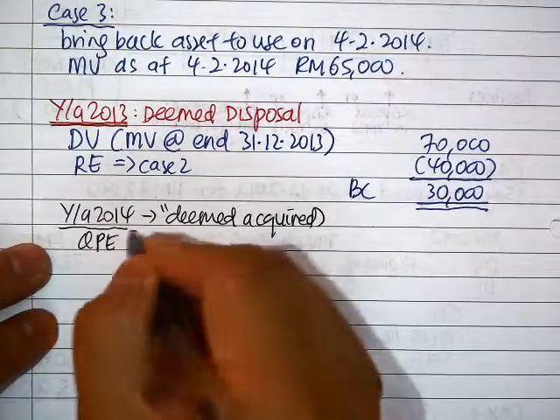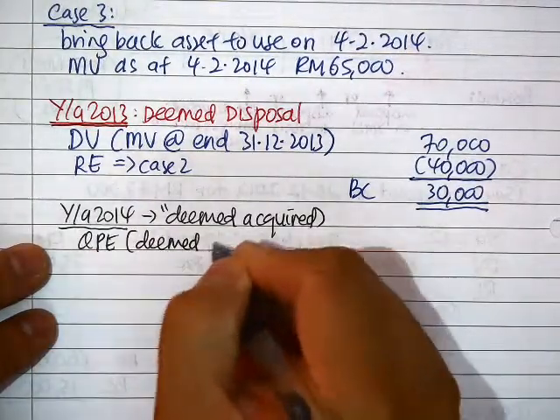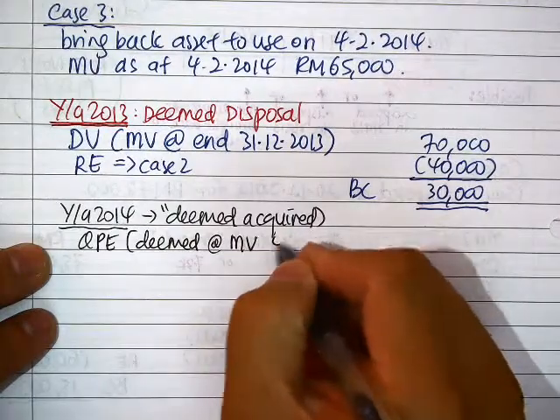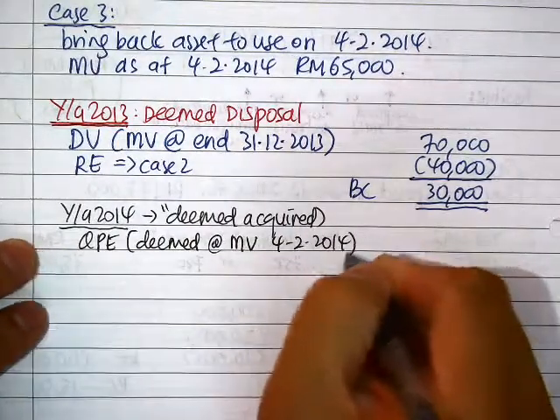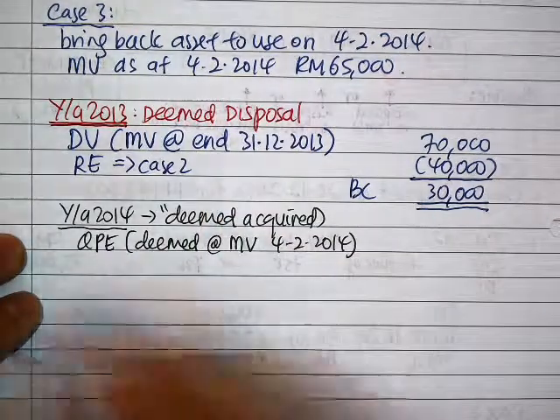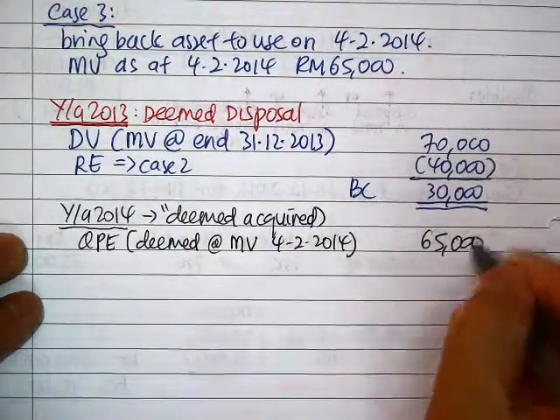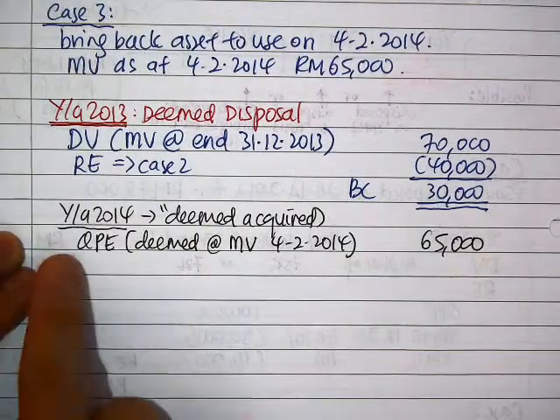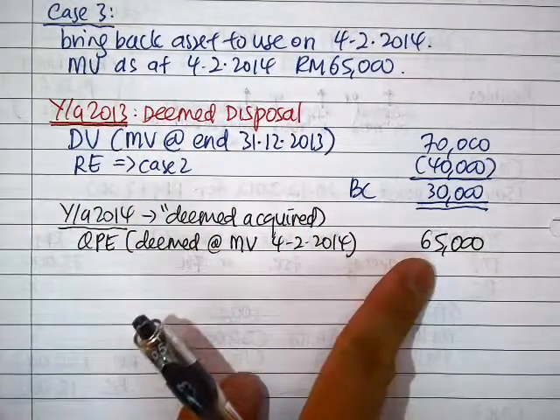So the QPE is deemed at the market value on the date you bring back the asset. So it's 65,000.